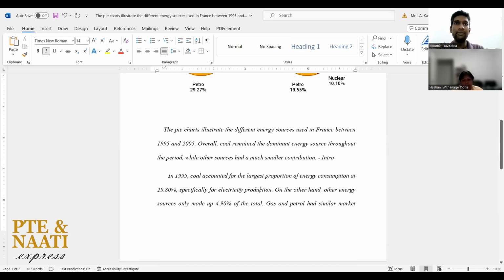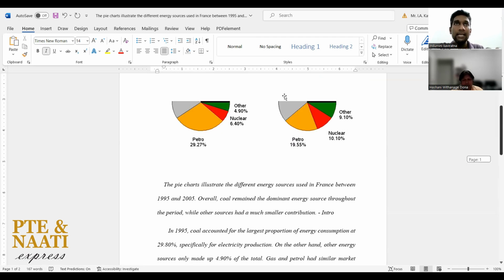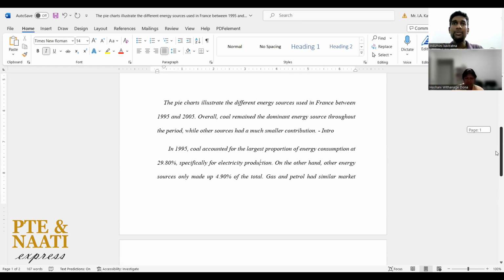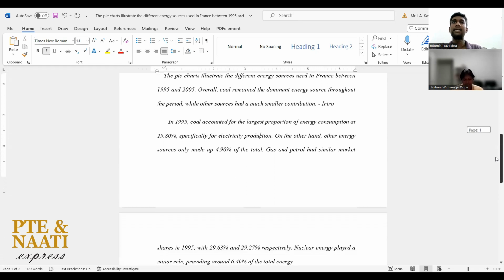Yes, specifically for electricity production. On the other hand, other energy sources only made up 4.90 of the total. That means the smallest one, 4.90, is the other. So hope you can understand. First, we are talking about the largest proportion and indicating what is the smallest one. That's how we are usually dealing with this kind of a pie chart.